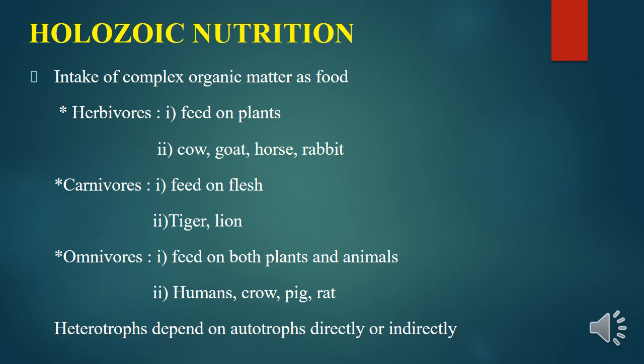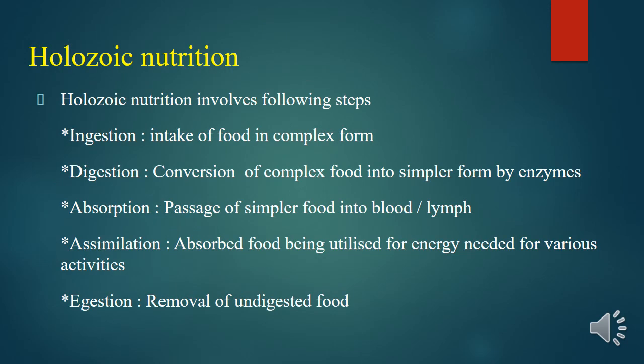And the last topic, the holozoic nutrition involving different steps. The steps involved are ingestion, that is intake of food in the complex form. The second step is digestion, the conversion of complex food into simpler form by enzymes.